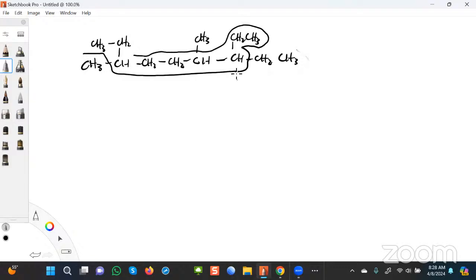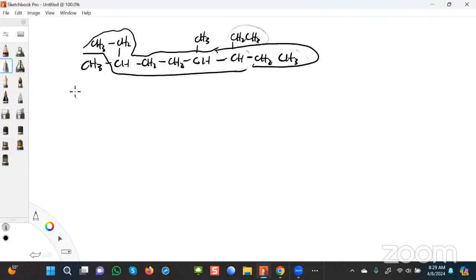That would also be the longest chain, because once you get here, you have this group here, which is the same thing as this group here. So it doesn't matter in this case if I went this direction or this direction. But just to make life a bit easier in terms of you understanding what's happening here, I'm going to say that the longest chain continues this way, like this. And that would be the longest chain, right?